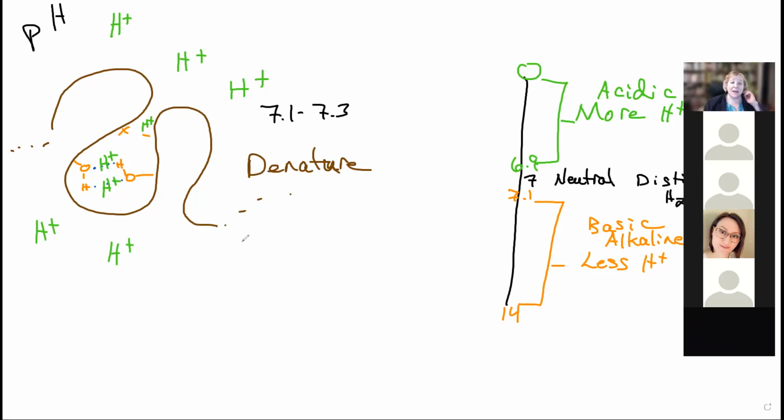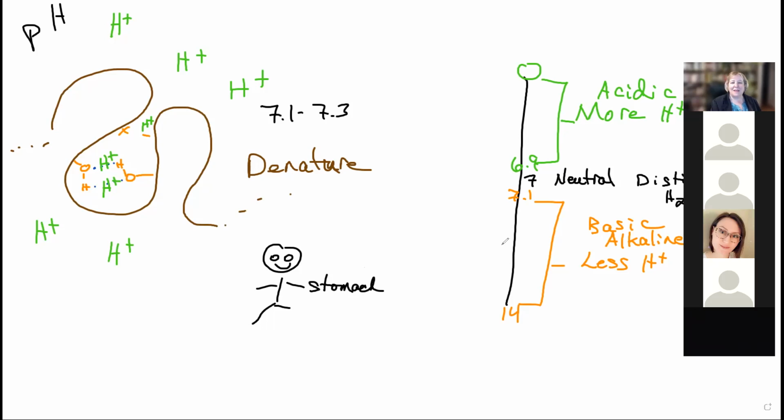Okay, and so let's get my person up here. So most of the human body is at this pH of 7.1 to 7.3. But there are certain parts of us that are more acidic. So let's take the stomach, for example.